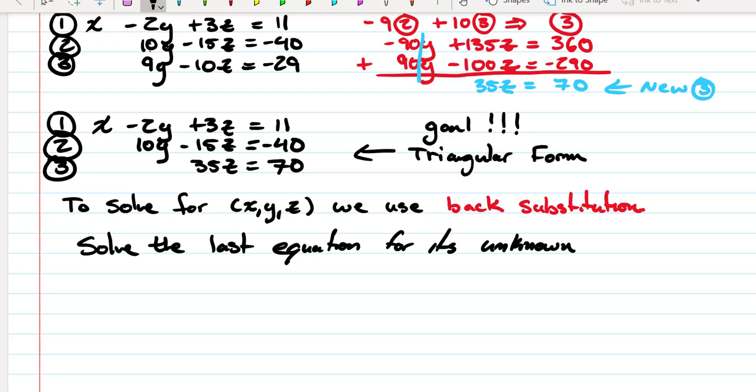So the reason we needed a triangular system is when you look at equation 3, how many variables are present in that equation now? Just one. And we know how to solve that equation. So we need to solve 35z is equal to 70. So we divide by 35, we divide by 35, and that gives us z is equal to 2.